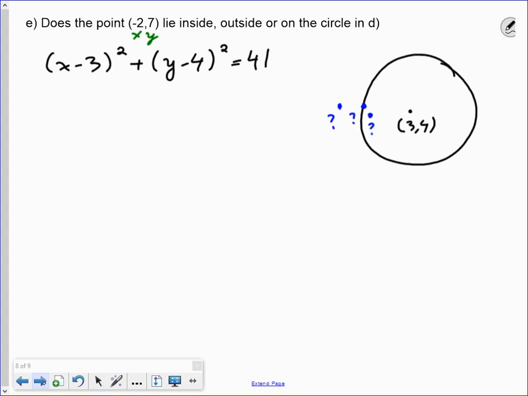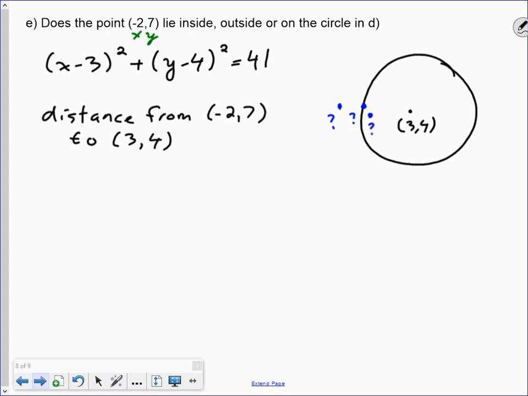But we can do a little bit more than that. What we can do is we can find the distance from negative 2, 7 to the center, 3, 4. If that distance is equal to the radius, then we know it's on the circle.